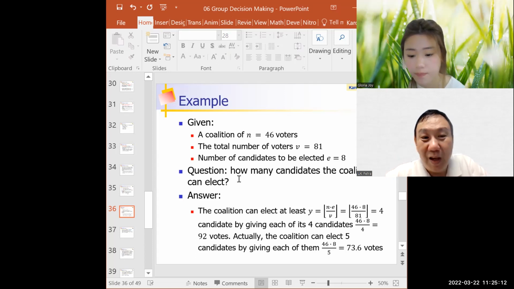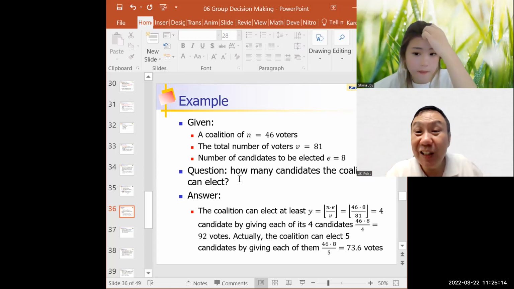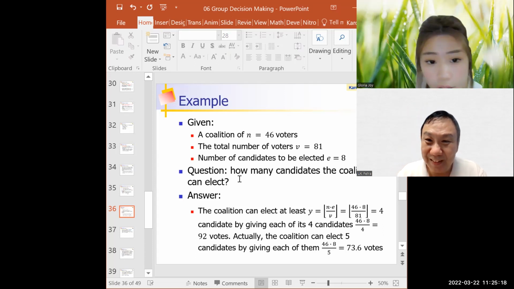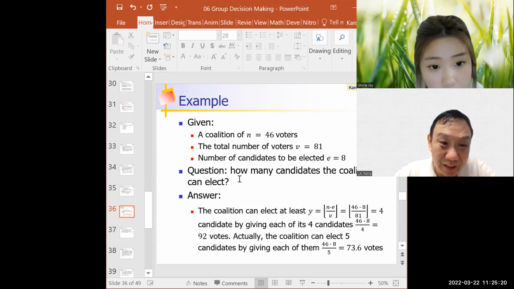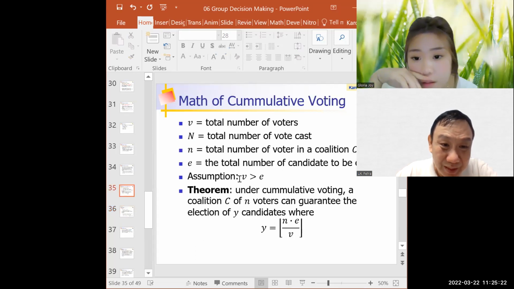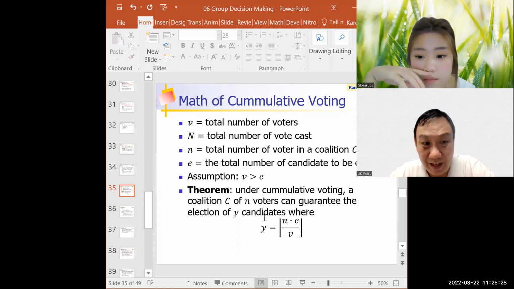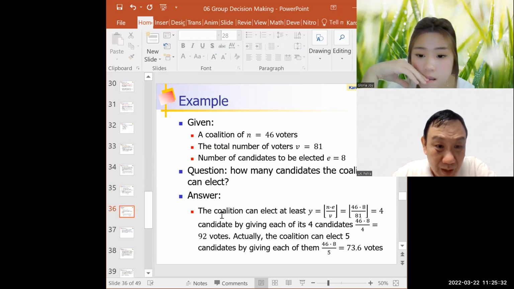The question is, how many candidates can this coalition elect? So based on that theorem a while ago, under cumulative voting, a coalition of n voters can guarantee the election of Y candidates. So we use this formula.